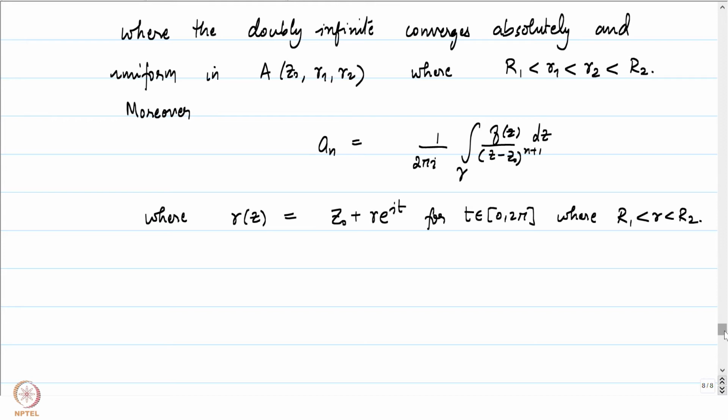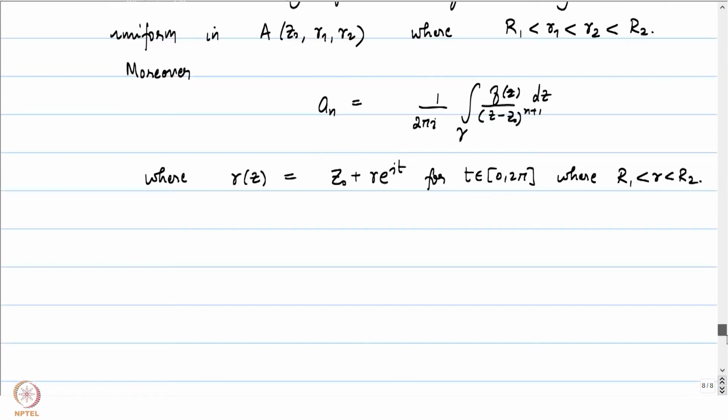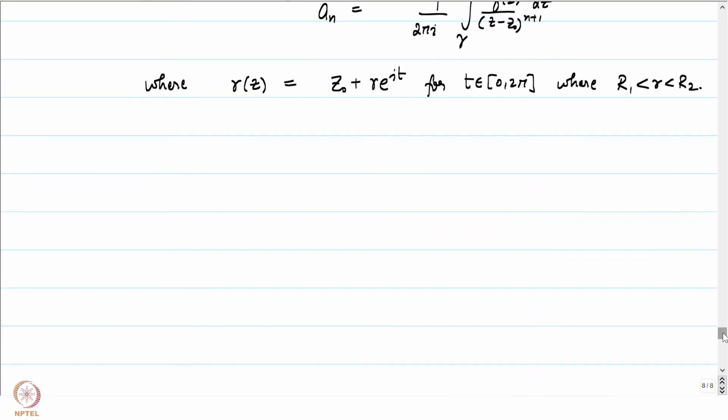So, let us give a proof of the Laurent series development. The first thing to note is that the r here is not special. So, proof.